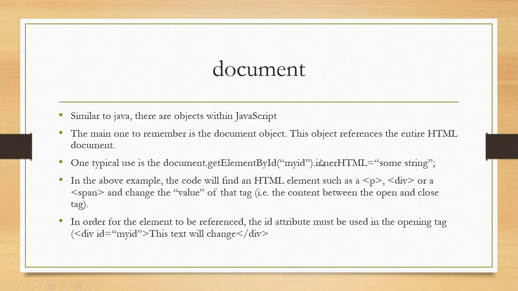It is retrieving an element from within your HTML document. We generally can use span to change the value of a tag within our HTML elements. Here, we are changing the text within our div element.